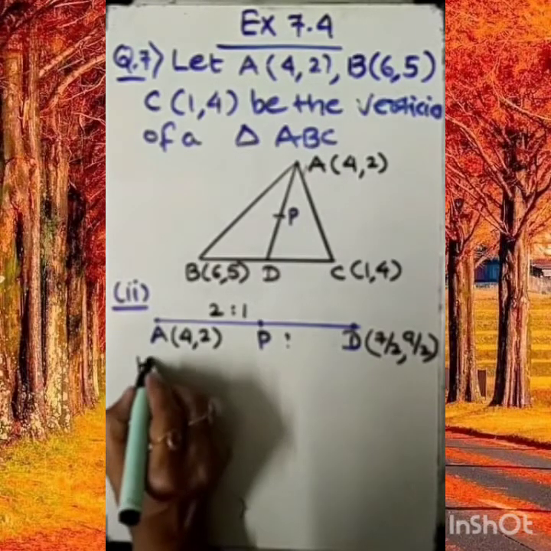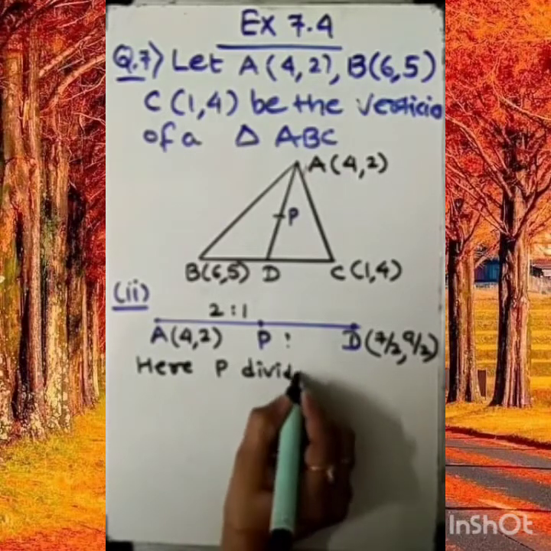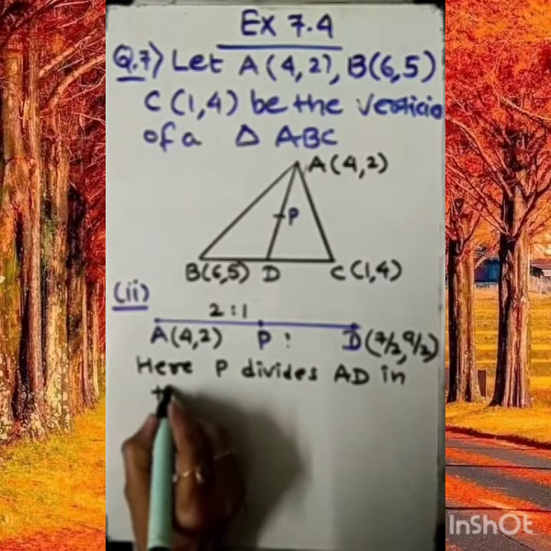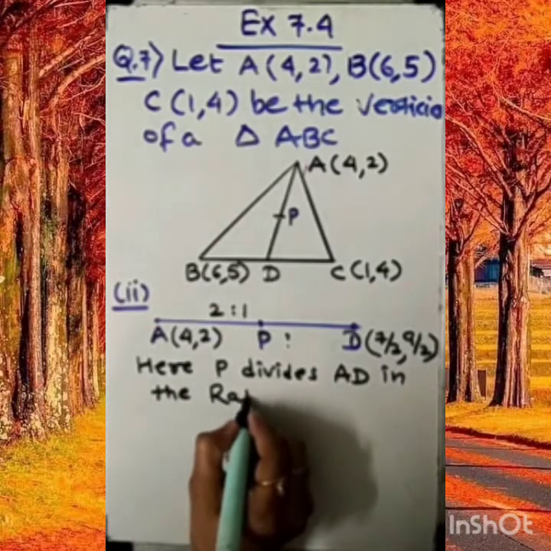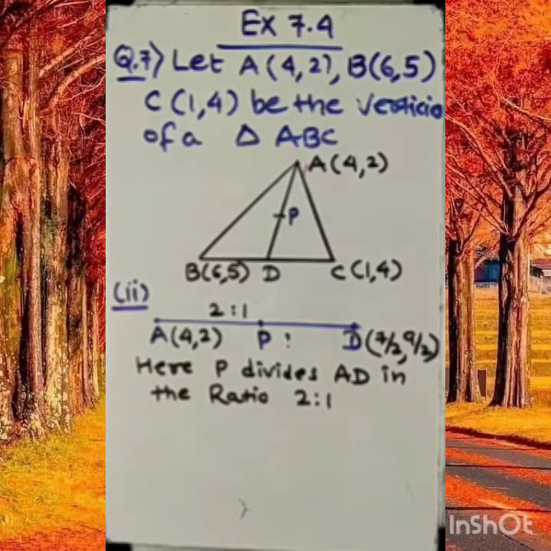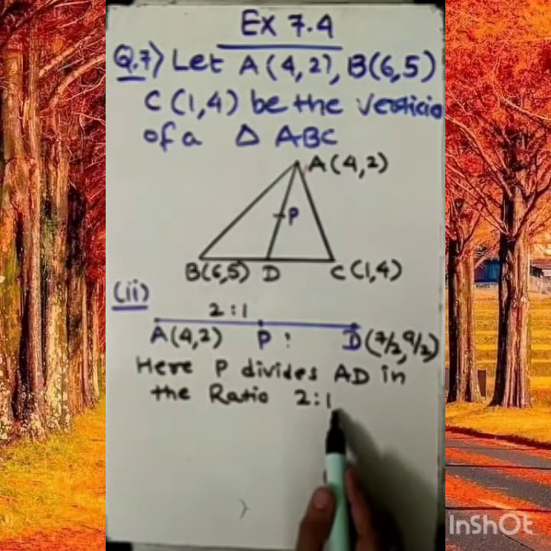Here P divides AD in the ratio 2:1. According to the section formula, this will become your m1 and this is your m2. Keep this in mind.